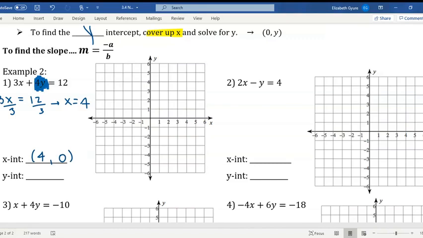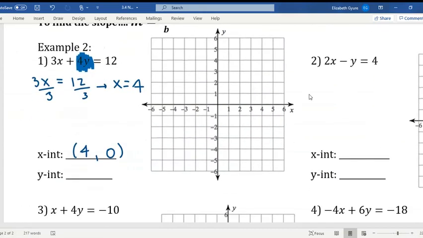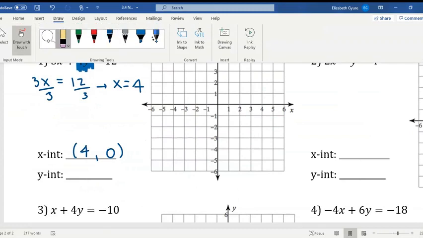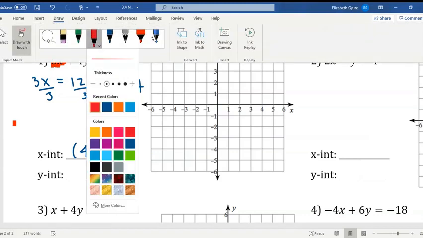Now we're going to do the exact same thing to find y. To find y, we're going to do this again, except this time we're going to cover up x. So cover up x, and you just have 4y equals 12.